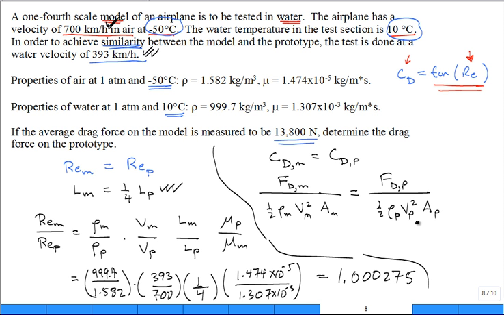Now, these areas, we don't know exactly the area, but the areas are proportional to length squared. And so if I do the area of the prototype divided by the area of the model, it's the length of the prototype divided by the length of the model squared. It's geometrically scaled. Okay, so if one length is changed to be 1/4, then the other length changed to be 1/4, and then the area is changed by 1/16.